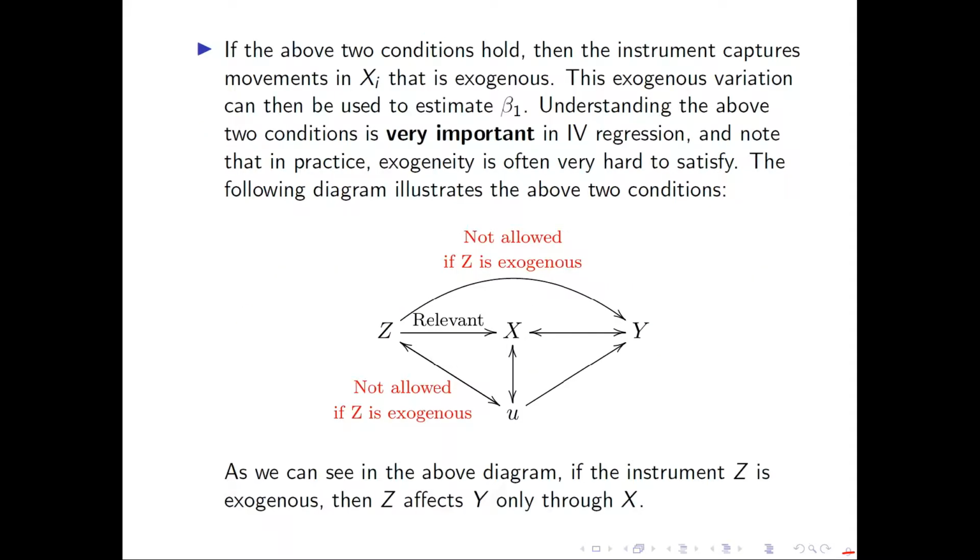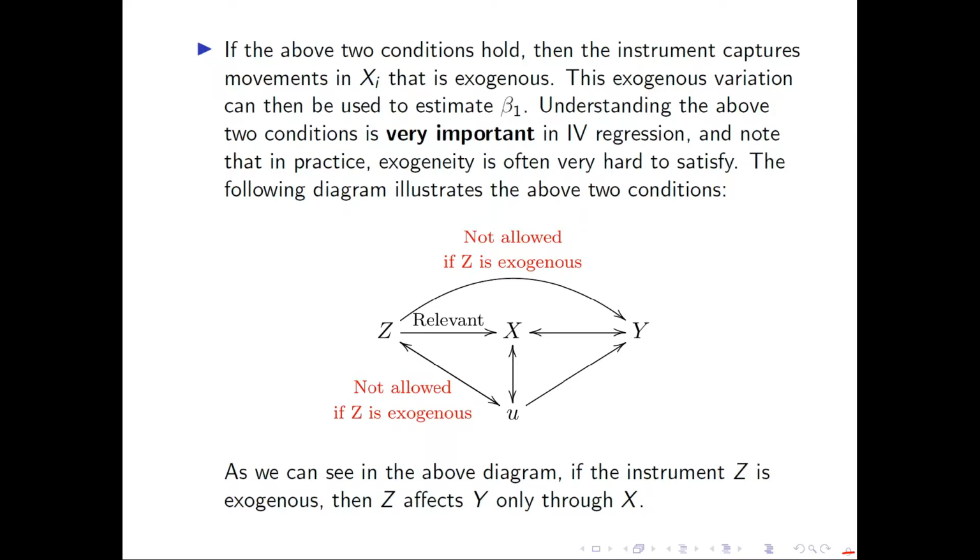If these two conditions hold for the instrumental variable, then we can use it to capture the information in x which is exogenous, and leave the endogenous part behind. And this will enable us to estimate the true beta, the true effect of x on y.